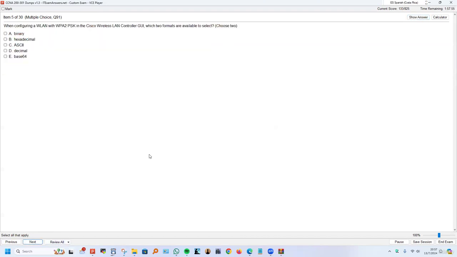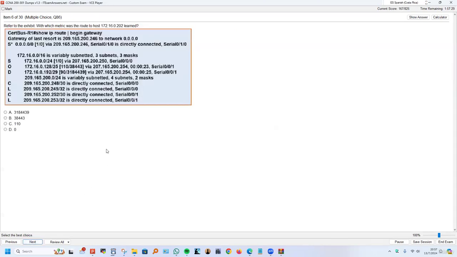There you go. This one is ASCII and hexadecimal. When configuring WLAN with WPA2 PSK in the Cisco Wireless LAN Controller GUI, which two formats are available to select? That is actually option B and C. I know that one by heart.